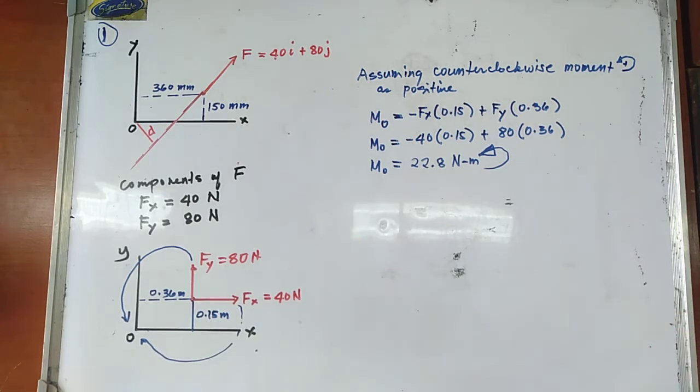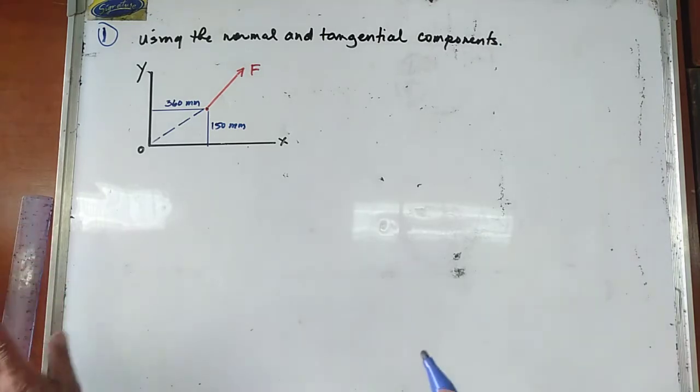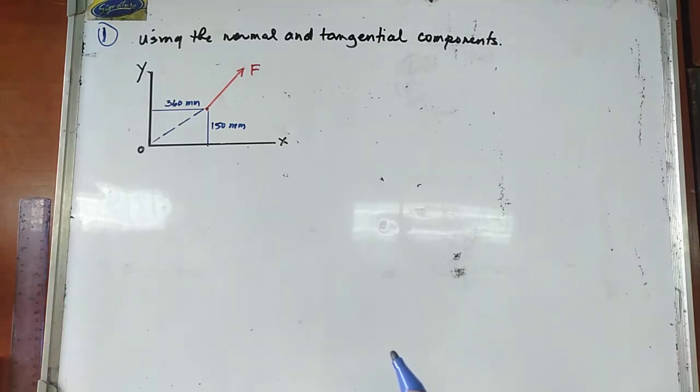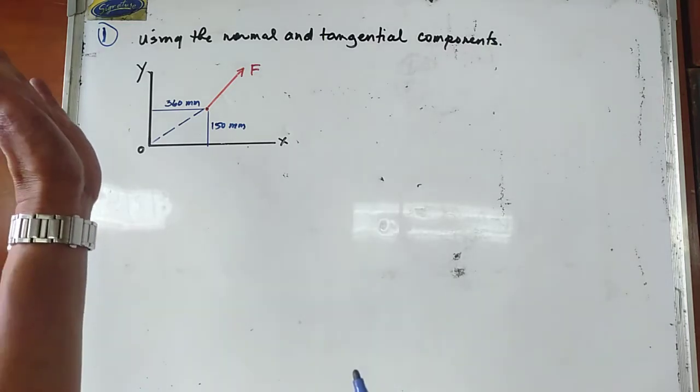About that point. Okay, so we have another solution using the normal and tangential components. When we say normal and tangential components, the component of this force perpendicular to F is the normal component.